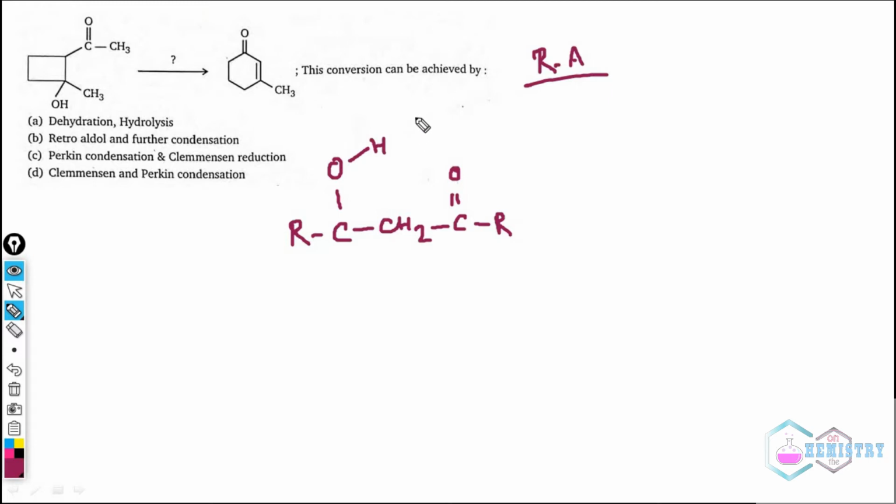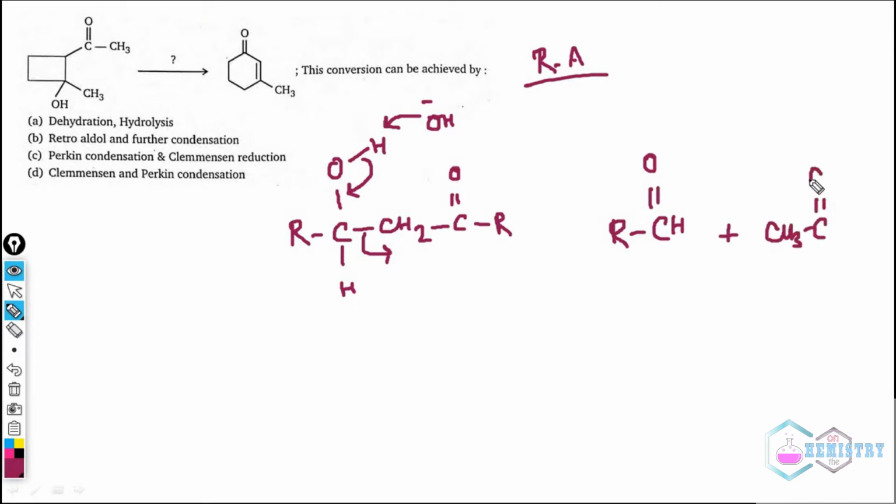That means an OH minus will attack this hydrogen, this bond will fall and this bond will go away. So it will be like this. See, there is always a hydrogen, so this will be double bond O plus CH3, C double bond O, R. So this is a retroaldol condensation.